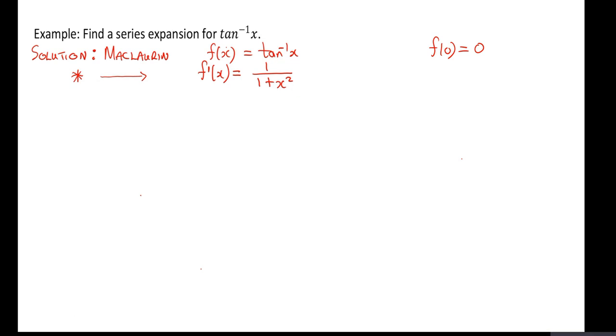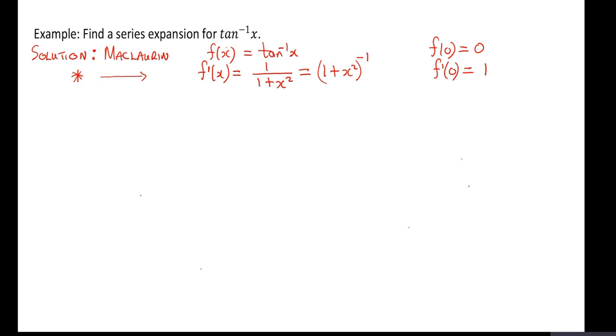Now, if you want to differentiate that again and again and again, you can use a quotient rule, or you can write this as 1 plus x squared to what power? Minus 1. And that derivative at 0 is equal to 1. Now look at that very carefully.